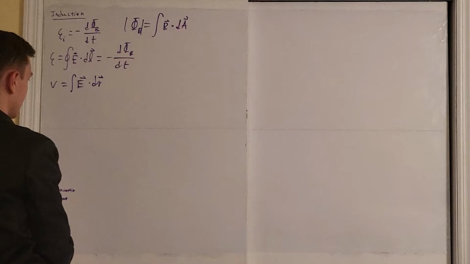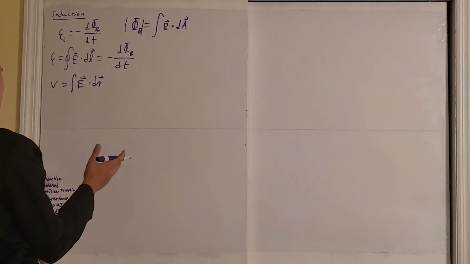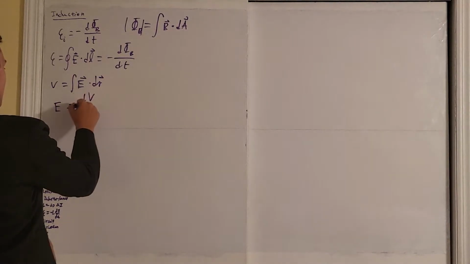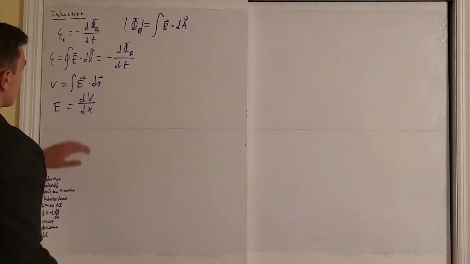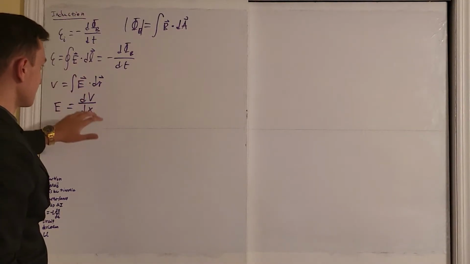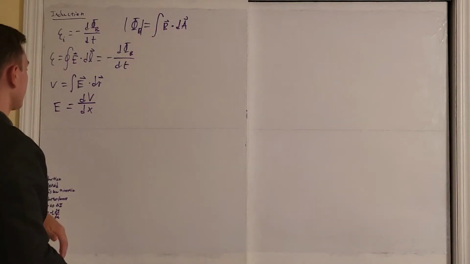Okay, so that was a concept we covered in the previous units, and I think the equation we had for that was that the electric field is the derivative of electric potential with respect to distance x.